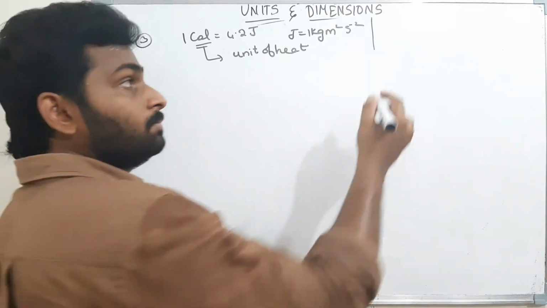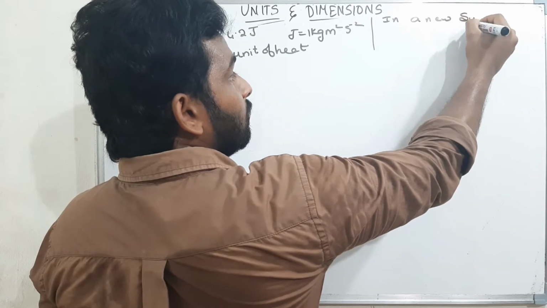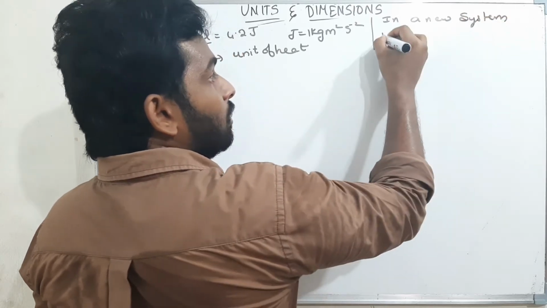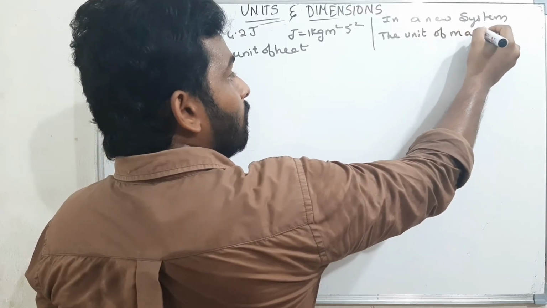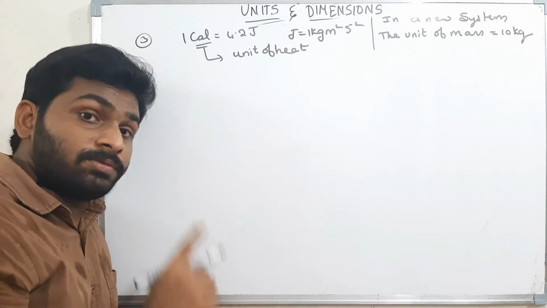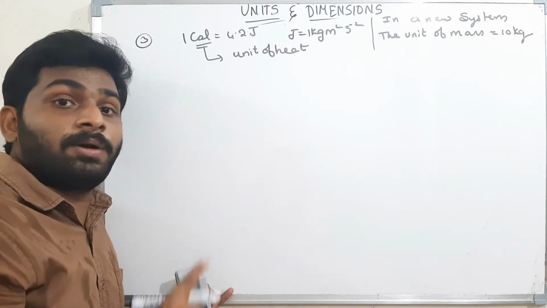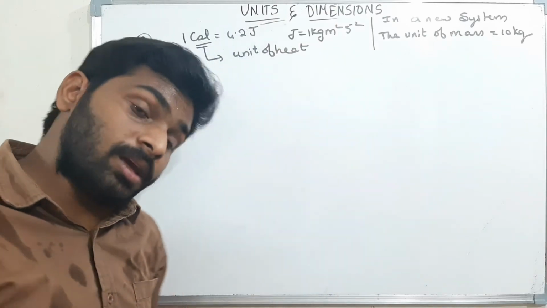Okay. Now what they told? In a new system, the unit of mass is 10 kg. In the SI system, the unit of mass is 1 kg. In the CGS system, the unit of mass is 1 gram. But in this new system, the unit of mass is 10 kg.